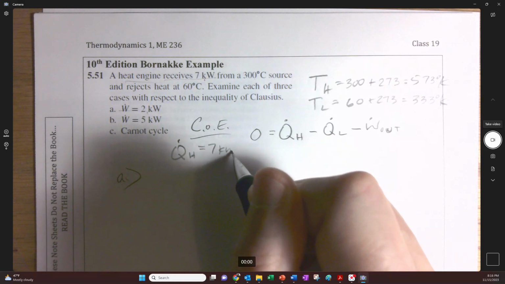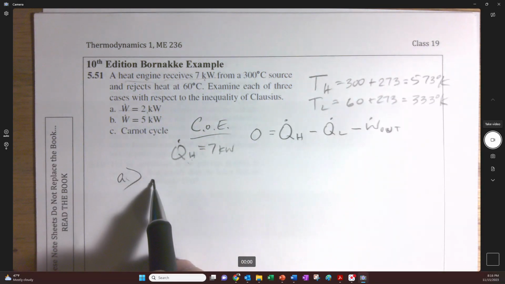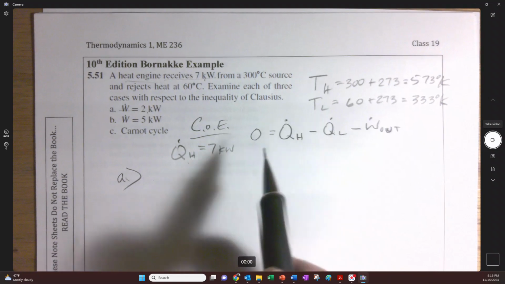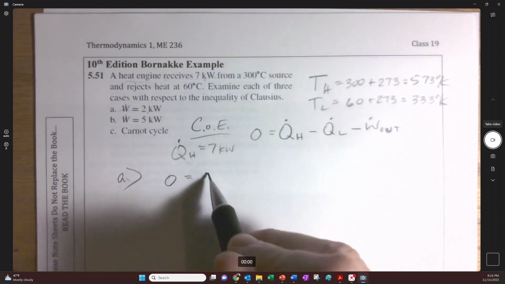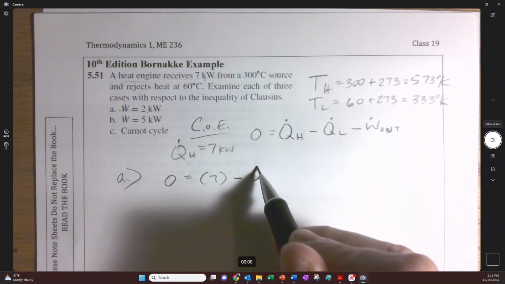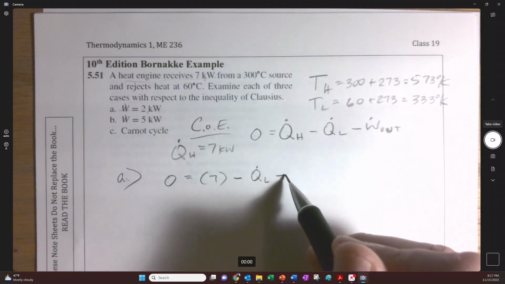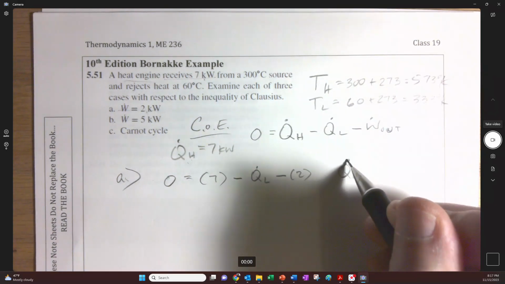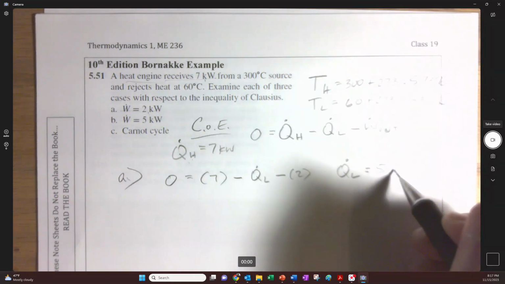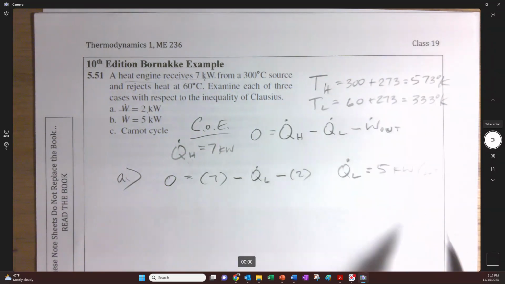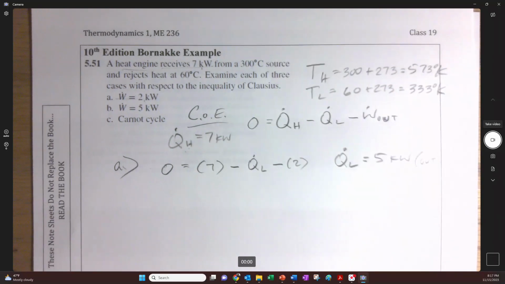Let's find out what Q dot L is going to be. 0 equals 7 kilowatts in, minus Q dot L, and then minus 2. So we end up with Q dot L being 5 kilowatts, and this is out, heat rejection.